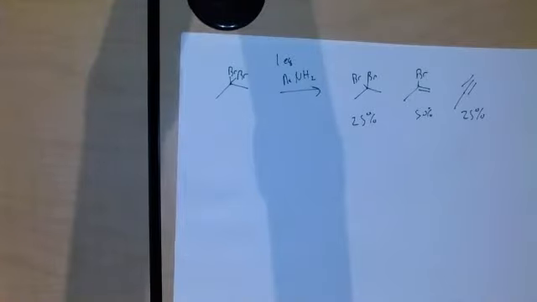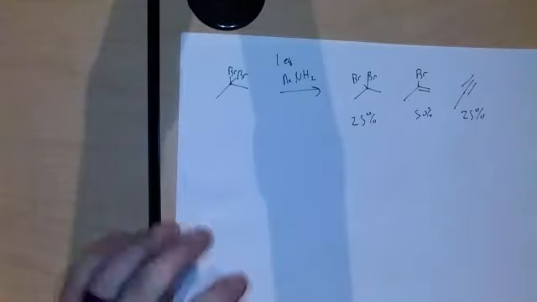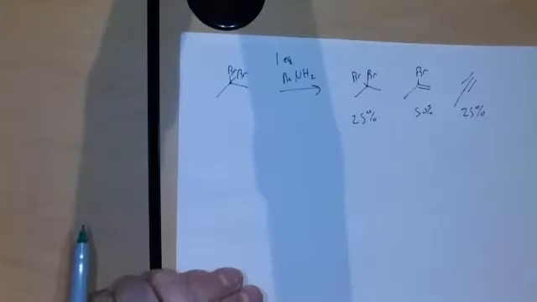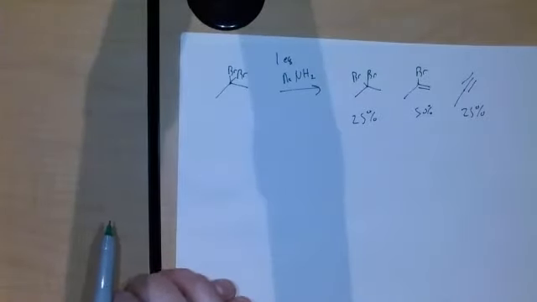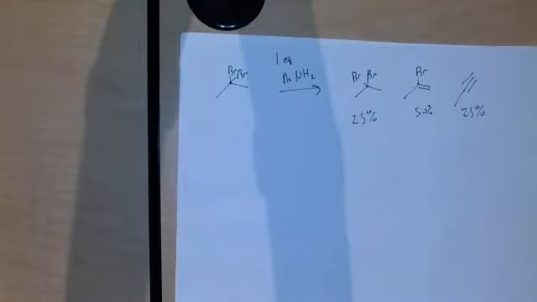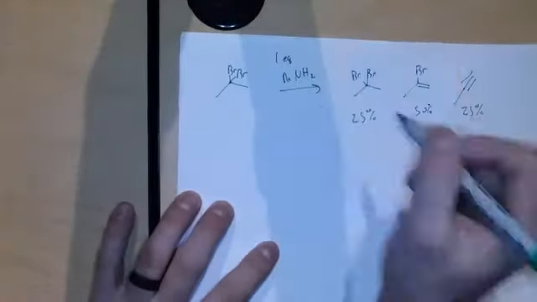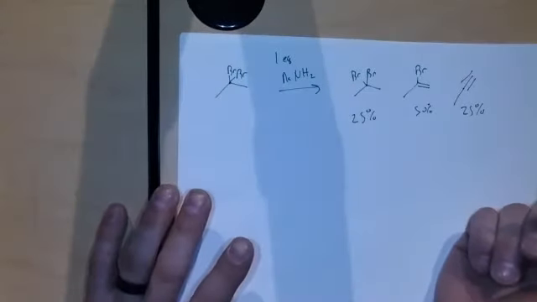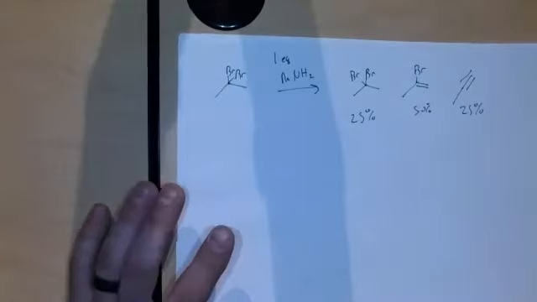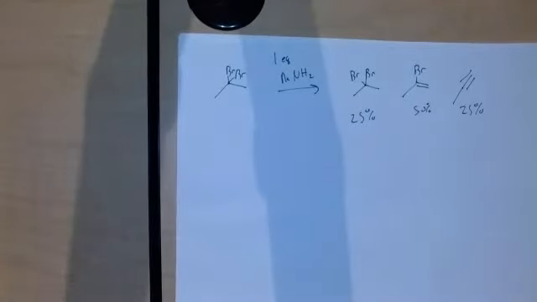So this is not a great way of making this here. We'll talk about a way to make that in a bit, but 1 equivalent really isn't a thing for this material here. You always pretty much need to add 2 equivalents because you're just going to get a giant mixture.